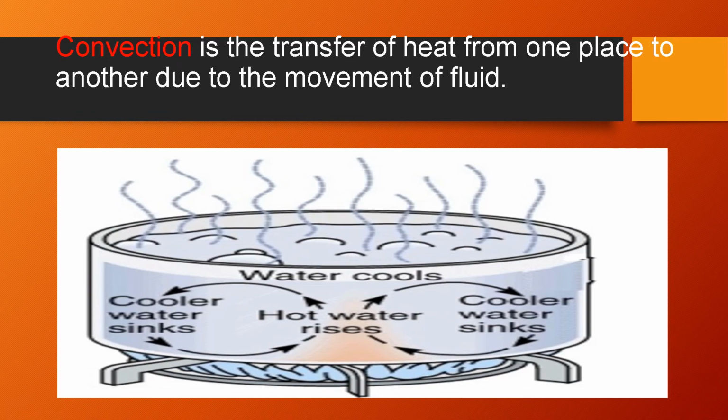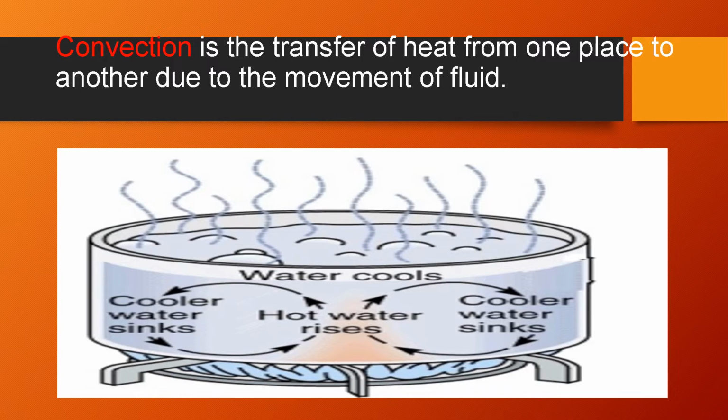The next method of heat transfer is convection. It is the transfer of heat from one place to another due to the actual movement of the hot molecules from the hotter region to the colder region in fluids. Fluids means both liquids as well as gases.